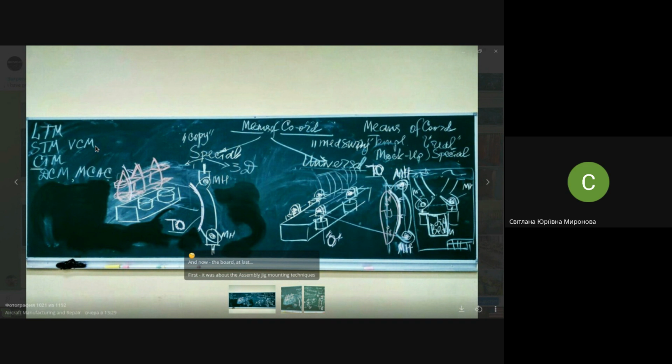Origin is drawing, loft, standard, and program, and means of coordination is either template or mockup.